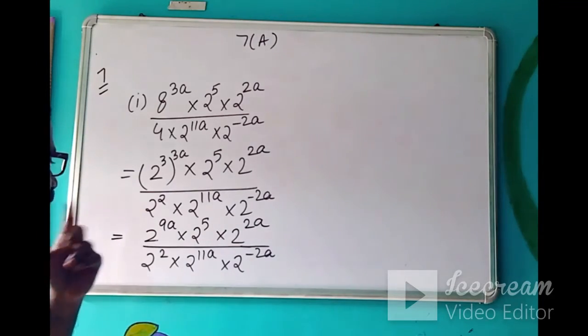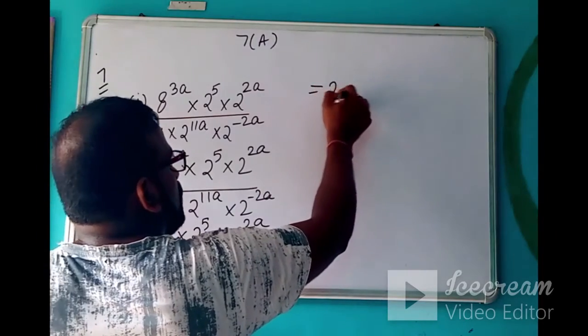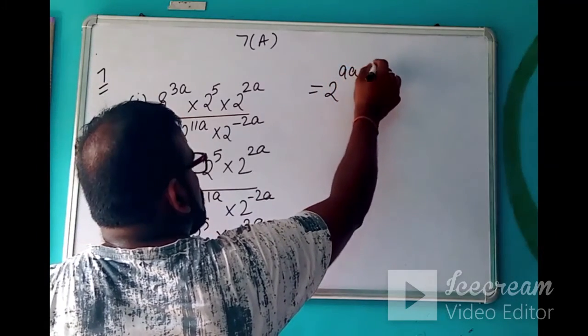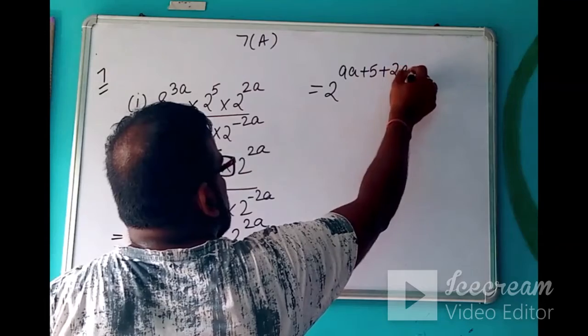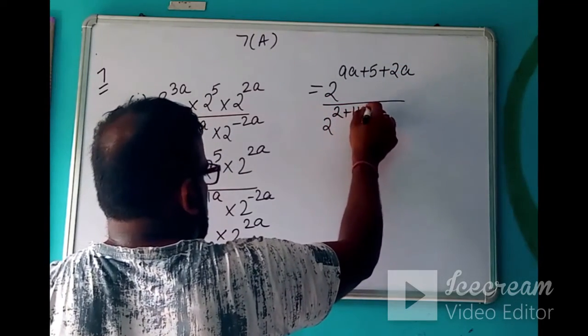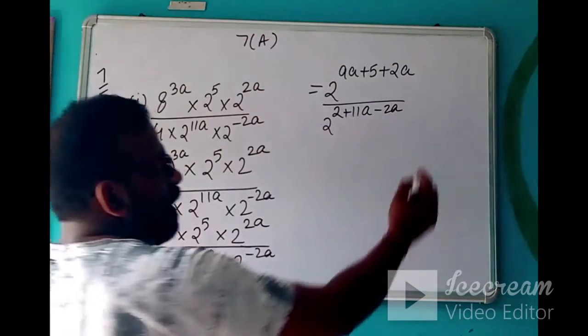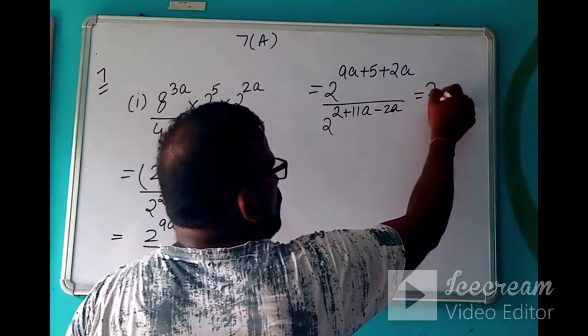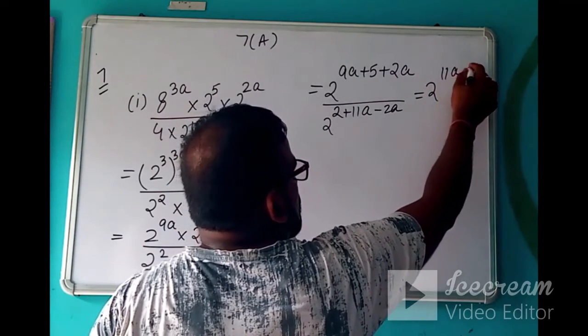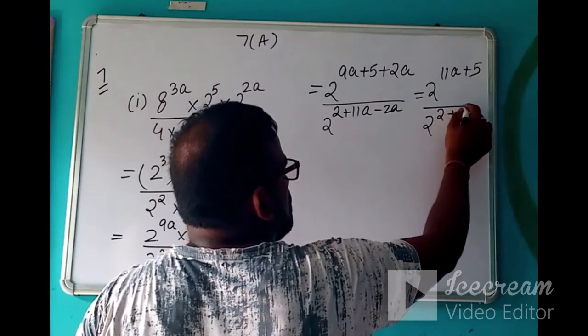So we will use the product rule in both numerator and denominator. It will give you 2 to the power 9a plus 5 plus 2a upon 2 plus 11a minus 2a. Now 2 to the power 11a plus 5 and 2 to the power 2 plus 9a.